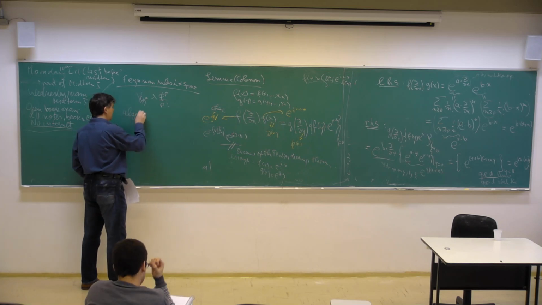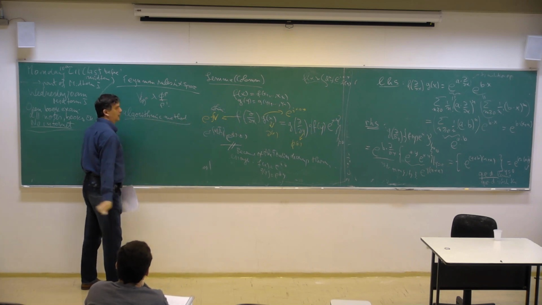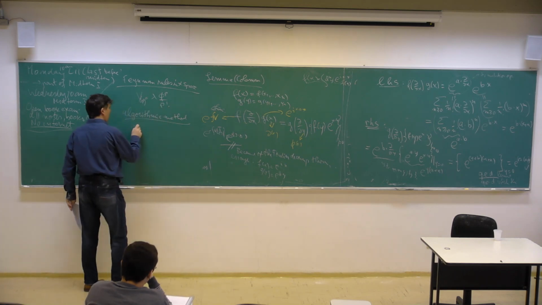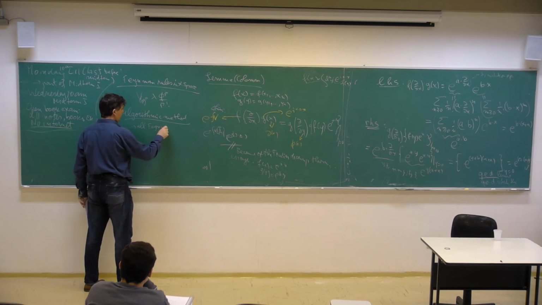So algorithmic method means that I will consider all Feynman diagrams, even identical ones.